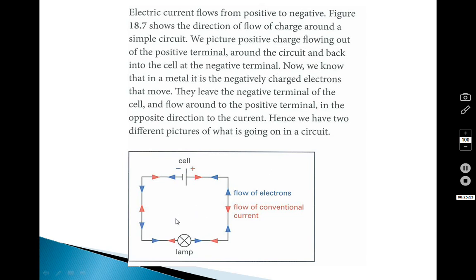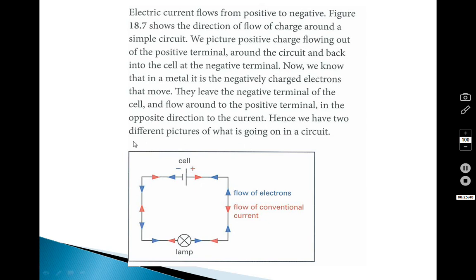Now we know that in a metal, it's the negatively charged electrons that move. They leave the negative terminal of the cell to the positive one, and flow around the circuit in the opposite direction of current.